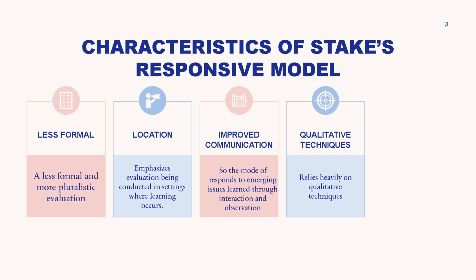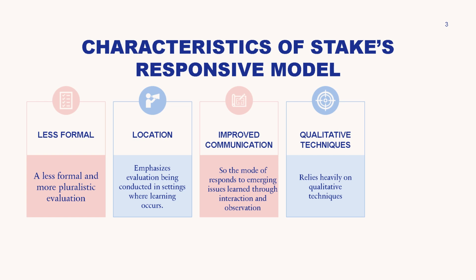And what are these techniques? Observation, interviews, and other techniques. So these are the characteristics of Stake's responsive model. Less formal. Location should be based on the settings where the learning occurs, or where the condition that the issue you want to study is.